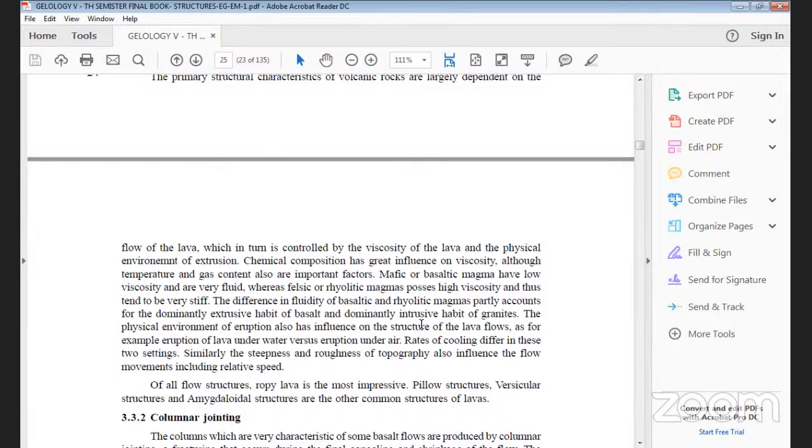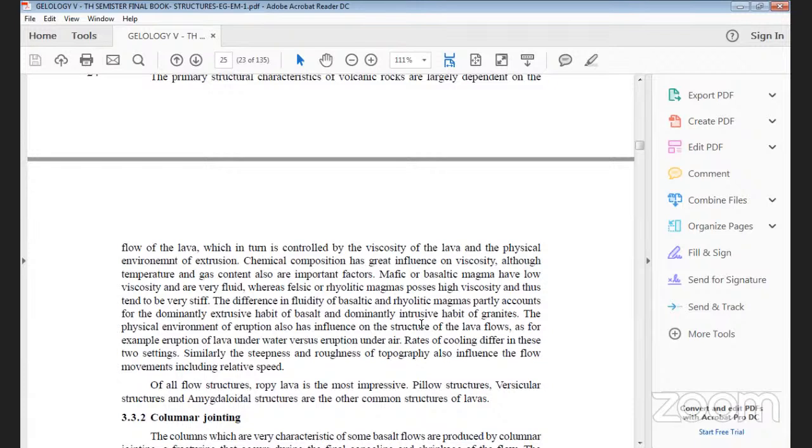Suppose we see the mafic and basaltic magma, which has a very low viscosity and is very fluid, whereas the calcic or rhyolitic magmas possess high viscosity and thus tend to be very stiff.